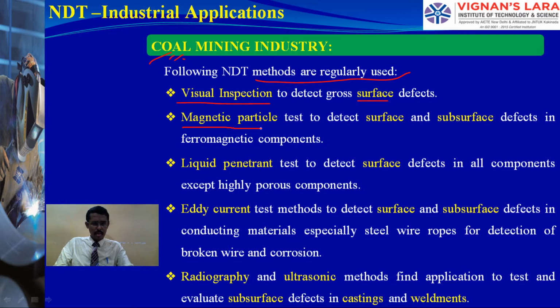Magnetic particle inspection detects surface and also near-subsurface defects, only on ferromagnetic materials. Going deeper is not possible with magnetic particle, but it is possible with radiography and ultrasonic. The procedures are common; the location is different: aerospace, railways, automobiles, coal mining zones.